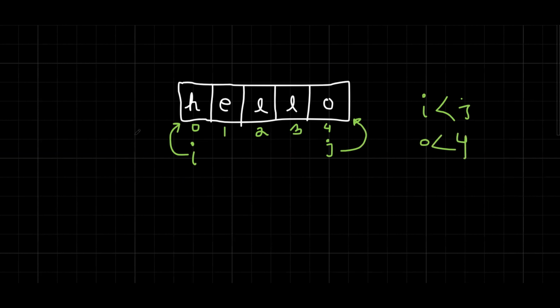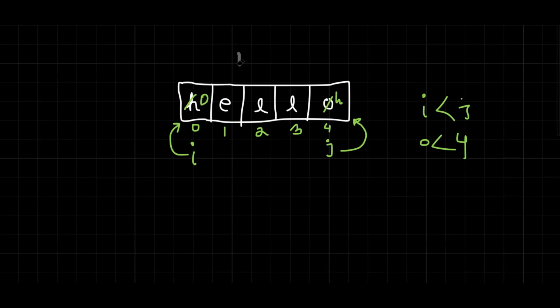Then we have to swap the values at the pointers, which are these two values. Now, if we swap them, the O will come to this place here and H will be discarded, and the value H will come here and O will be discarded.